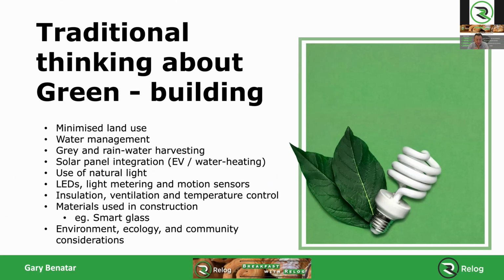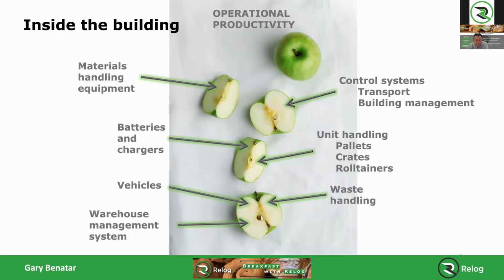Okay, the traditional thinking about green was around the building: minimized land use, water management, grey water harvesting, putting solar panels, natural light, some LEDs, insulation, materials used in construction, smart glass, recycled steel, etc., and community considerations. But today we think about it differently.